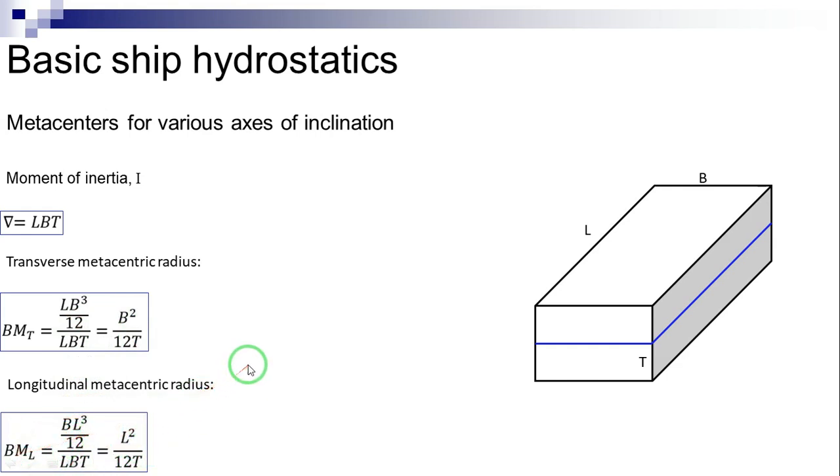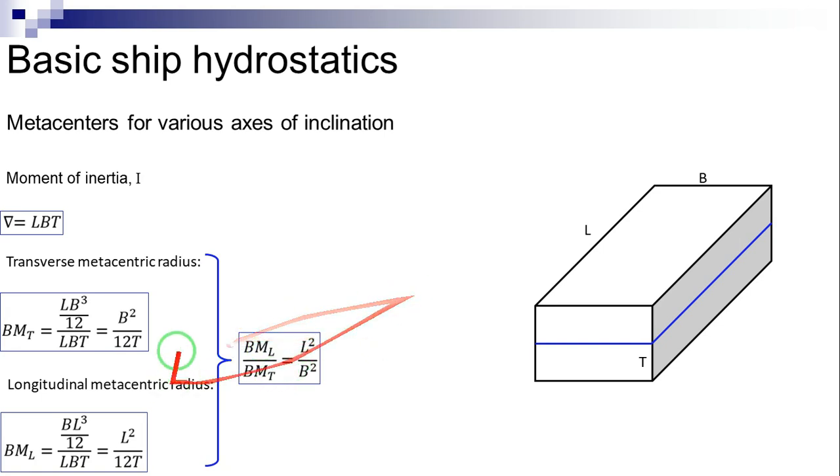So the ratio of the two metacentric radii is obtained using this equation. This is the main reason why ships are more stable longitudinally than transversely. Thus, if the ship's center of gravity were to rise vertically, the ship would capsize transversely long before there would be any danger of capsizing longitudinally.